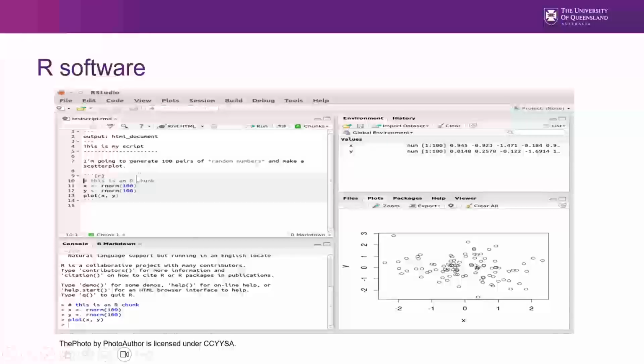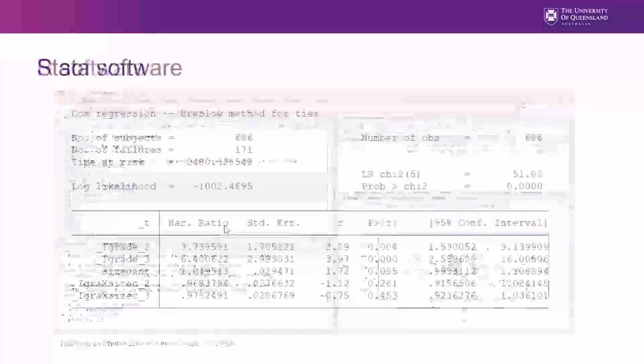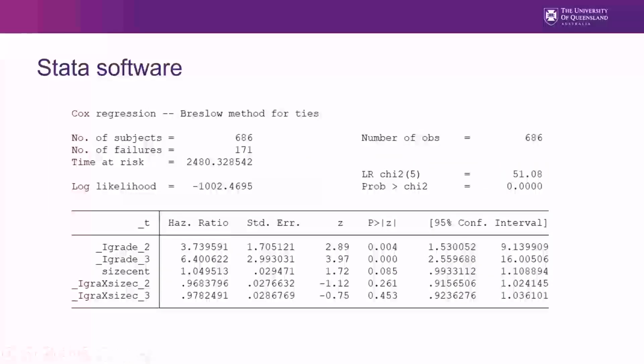So for example, in R here, we have our script, we have the output, we can do graphs, and we've got our command window there as well. And then likewise, in Stata, we'll be fitting statistical models to answer specific research questions. So this here is an example of survival analysis and estimating which exposures are most clearly related to a health outcome.